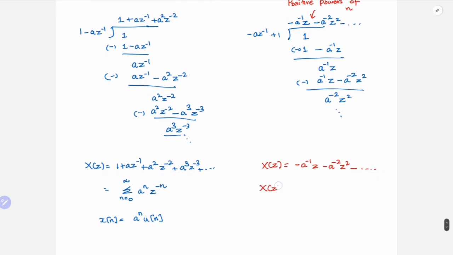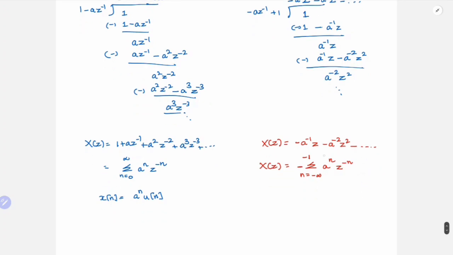So I can write it as summation n equal to minus infinity to 1, correct? Or minus 1, a power n, and I have minus sign, z power minus n. If you see, this will hold true, right? For minus 1, you will have a power minus 1, z power 1, which is this term, and you also have a minus sign. Similarly, it will continue up to minus infinity.